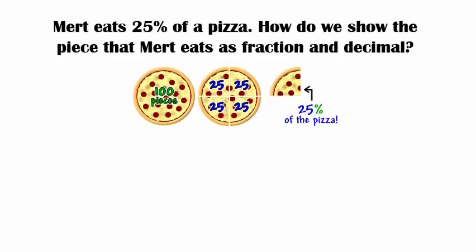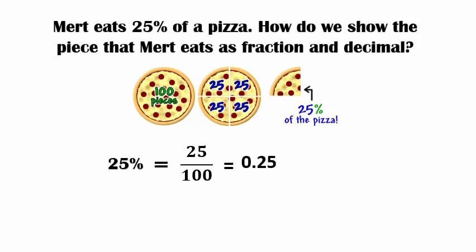Mert eats 25% of a pizza. How do we show the piece that Mert eats as a fraction and decimal? The whole is the pizza and we will express a part of the whole as a decimal and fraction. 25% is 25 hundredths and the decimal is 25 hundredths.